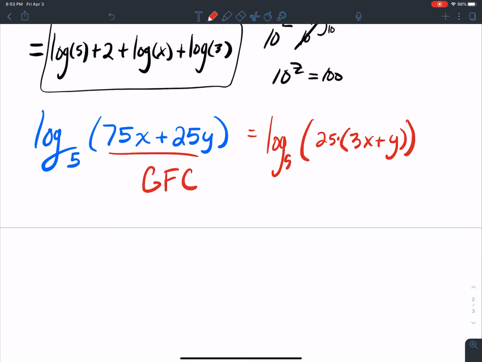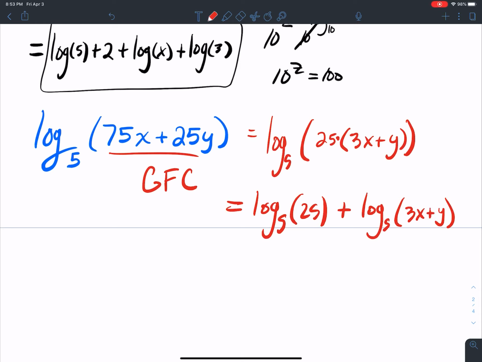Now at this point, I have a product, and I can split the product up to log base 5 of 25 plus log base 5, 3x plus y, okay? This I cannot do anything else with, but this one right here I can simplify. z equals log base 5, 25. How do I get rid of a log base 5? I see the 5.